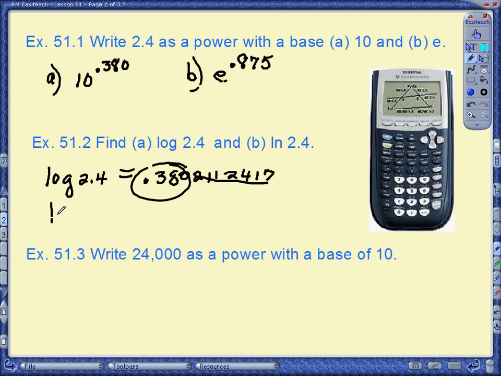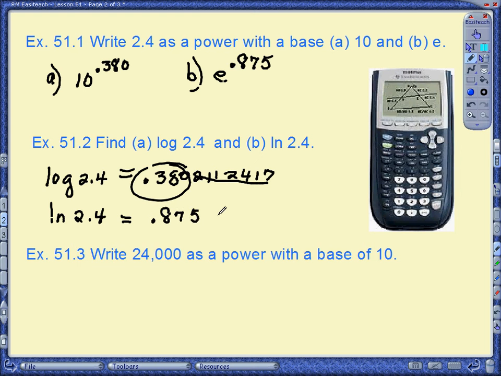And again, when we want to find the ln of 2.4, we do exactly the same thing. We just do ln 2.4. Remember, a log of any kind, whether it's a natural log or a common log with a base of 10, is just the exponent that goes with the base to make it equal 2.4.